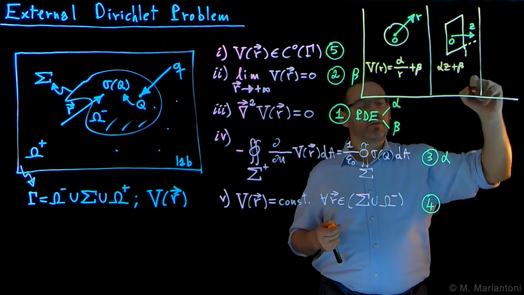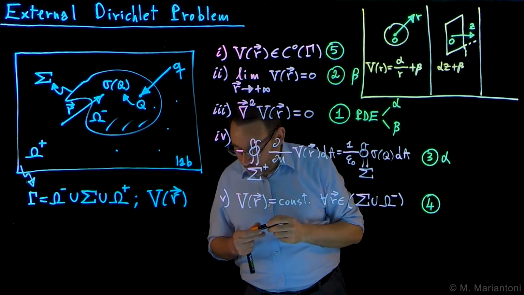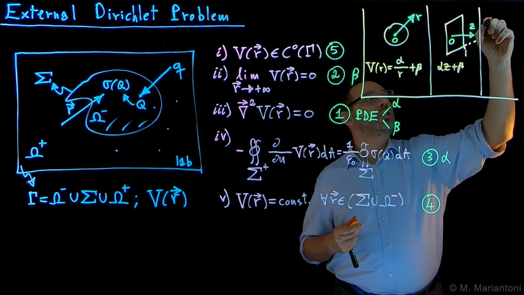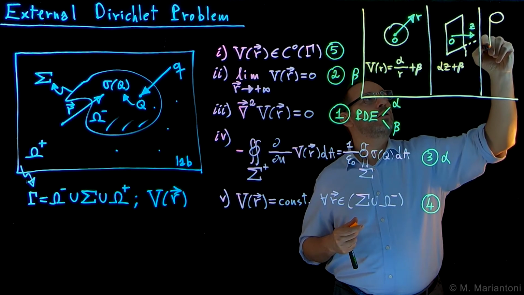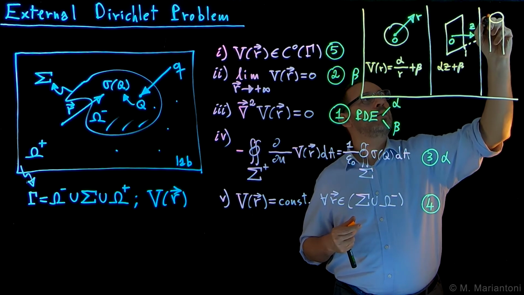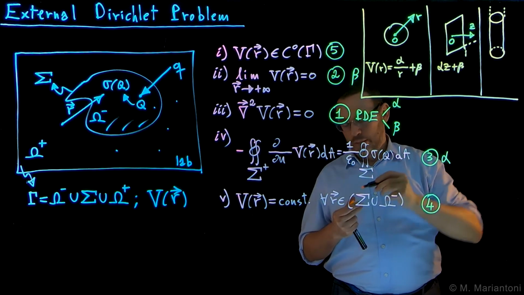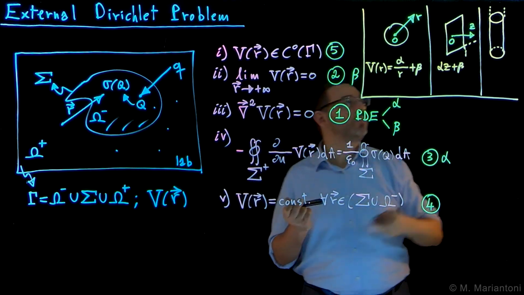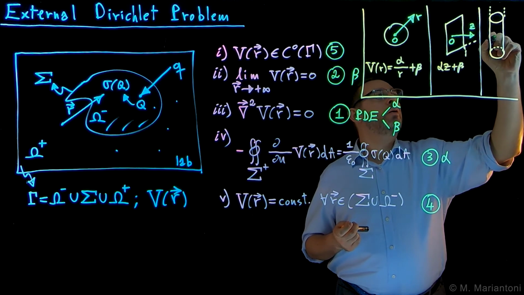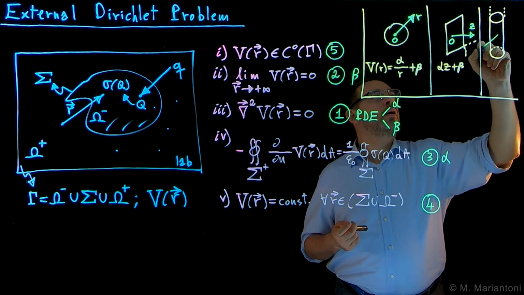And lastly, the very last scenario I'm going to sketch here is that of a cylinder, an infinite cylinder. So this extends to infinity. In this specific case, we have R, this is the origin.